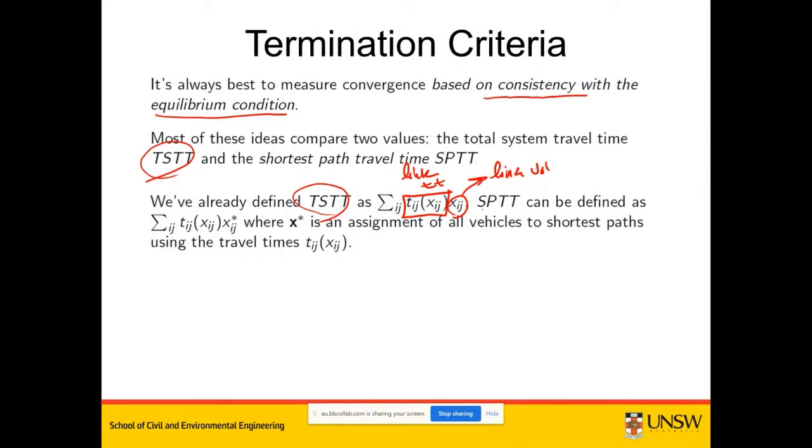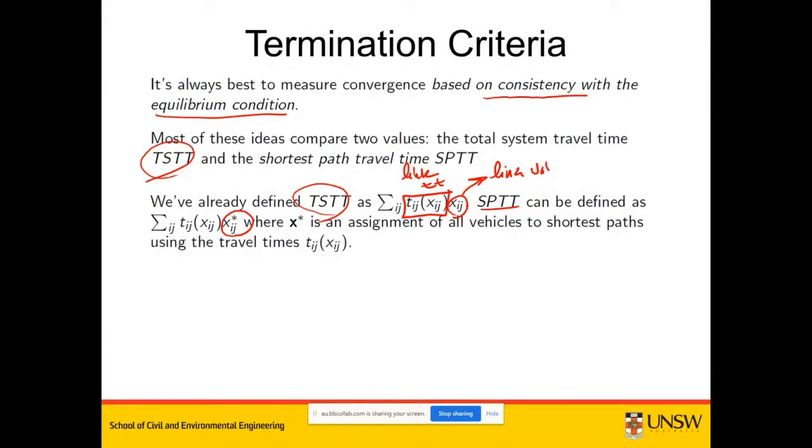But what is this SPTT, the shortest path travel time? The function looks similar to total system travel time, but the only difference is this X star here. X star is what we get if we assign all the demand to the shortest paths.